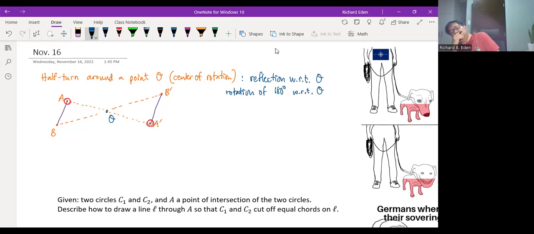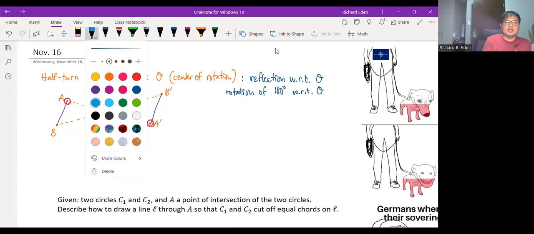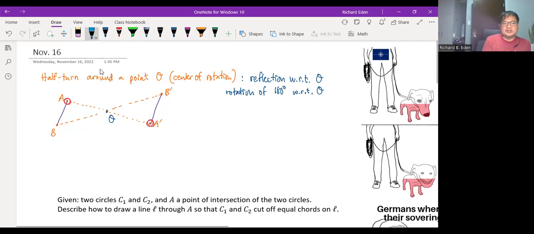Paanong 180 degrees? Parang kasi nangyari, starting with O the center going to point A, if you think of that as a ray OA, ang ginagawa natin, i-rotate natin itong ray na to 180 degrees, and that would then give us this new ray OA prime.